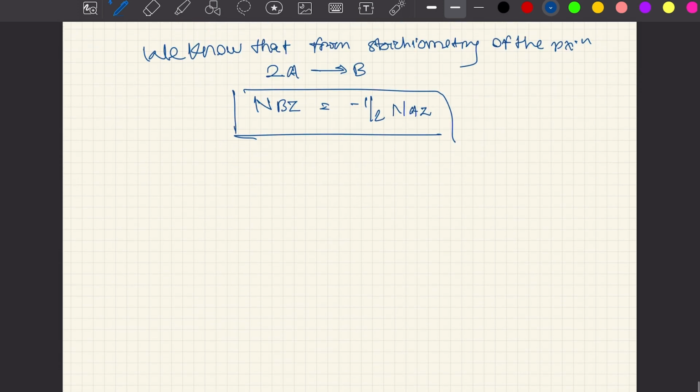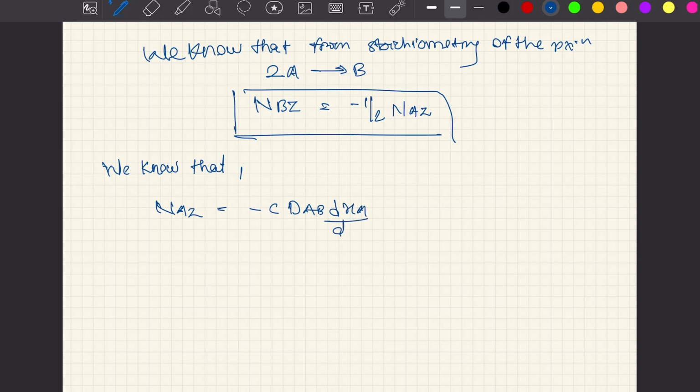We know that the combined flux NAZ is equal to molecular flux plus convective flux, which is NAZ plus NBZ.